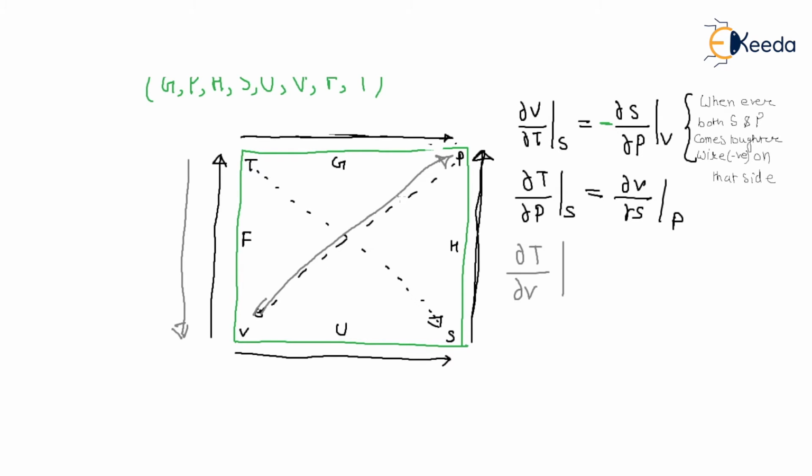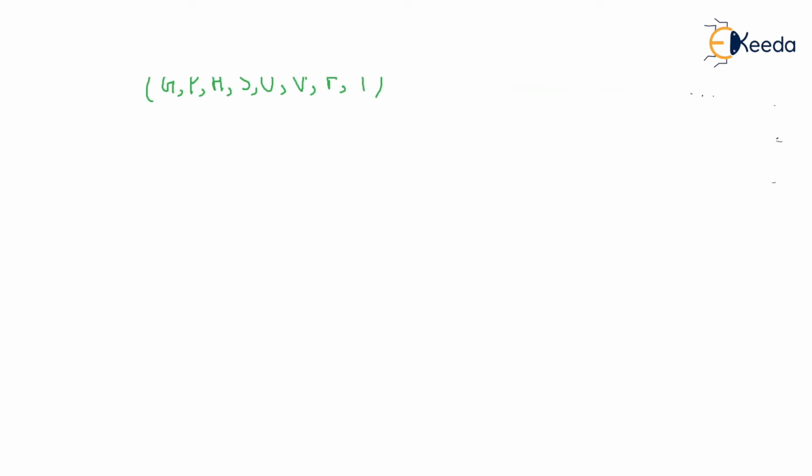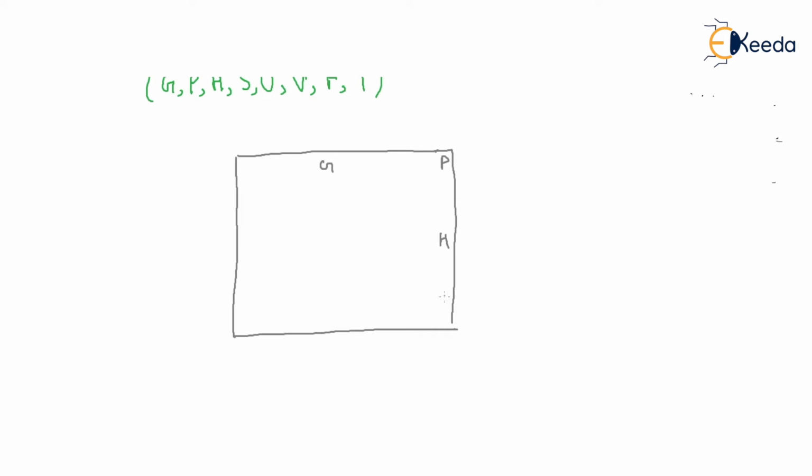From here constant pressure. So put a corner here, simply put a rectangle, and write from here G, corner P, H, corner S, U, corner V, F, corner T. Start any line like that.